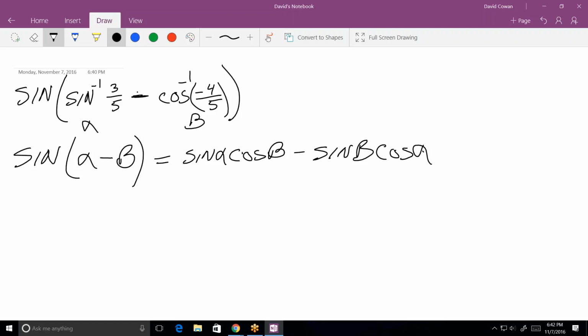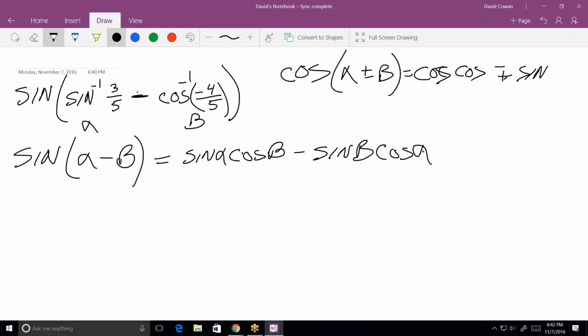I like to keep them nice and patterned so I can remember them easier. Remember what the cosine is: cosine, cosine, sine, sine, and opposite. I think that's the reason they teach you the cosine one first. Didn't you find it a little strange that they gave you the cosine one first and then the sine? Well, I think it's because it makes it easier to remember. The cosine of alpha plus or minus beta is cosine, cosine, minus or plus sine, sine.